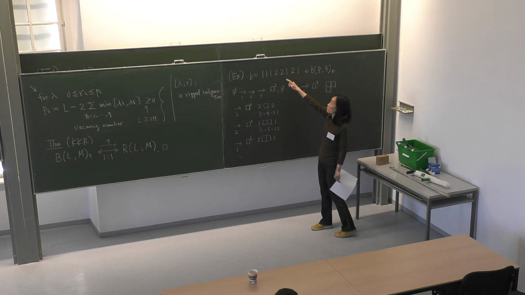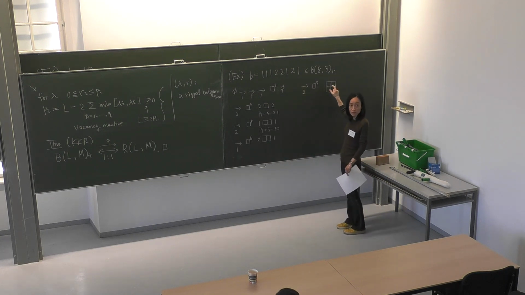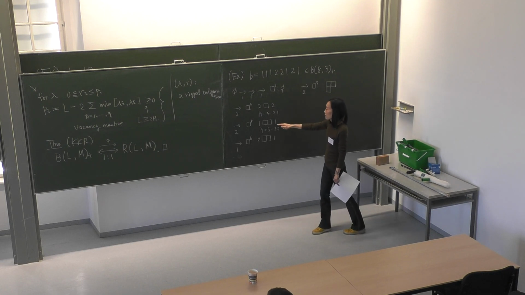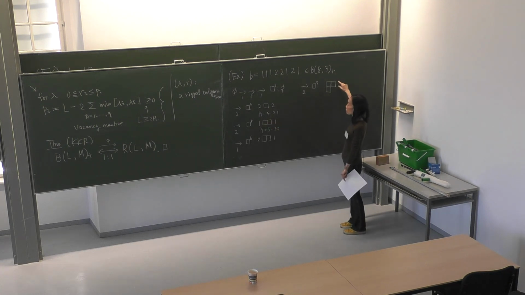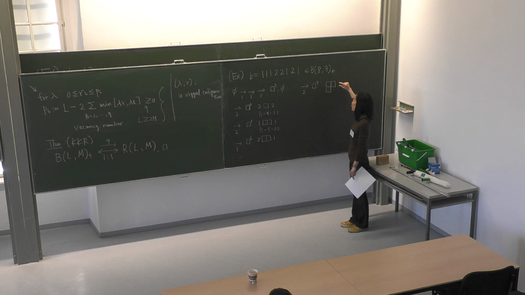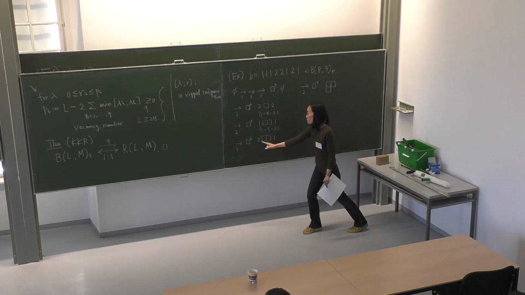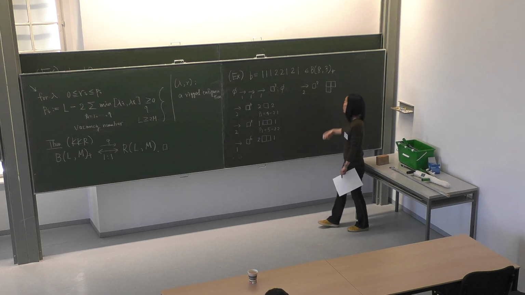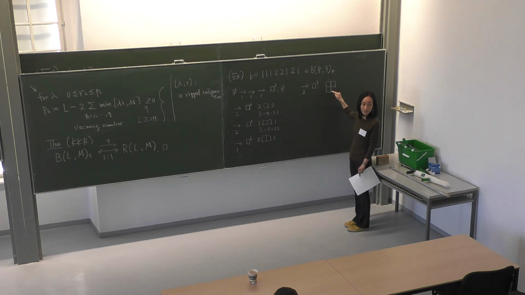When we have 2, we add a new box to the partition by following the rule that if there is some row which has the same rigging as P, then we can add a new box to the same row. But if the rigging and P are different like this, we have to create a new row.